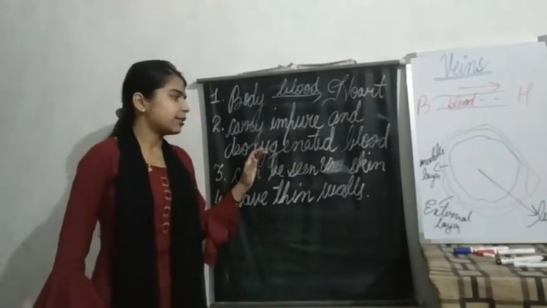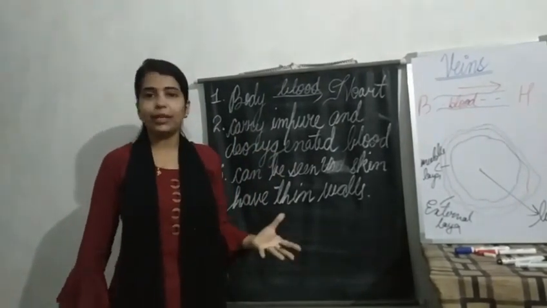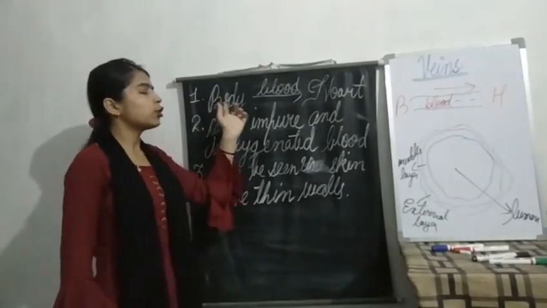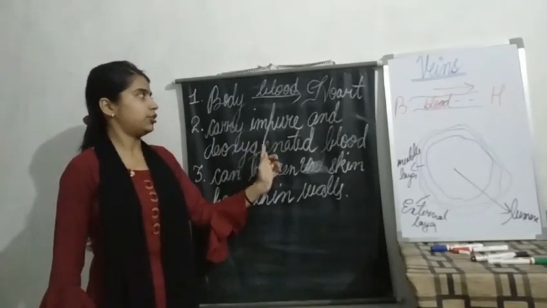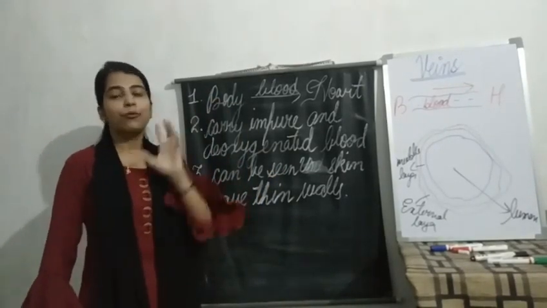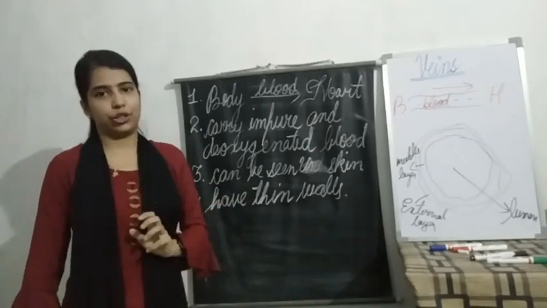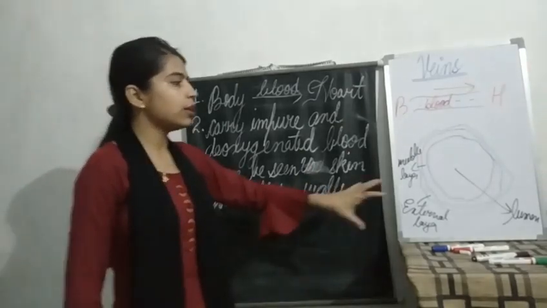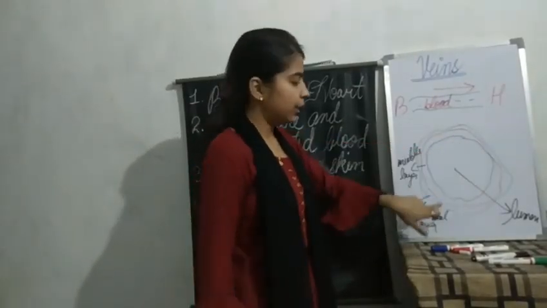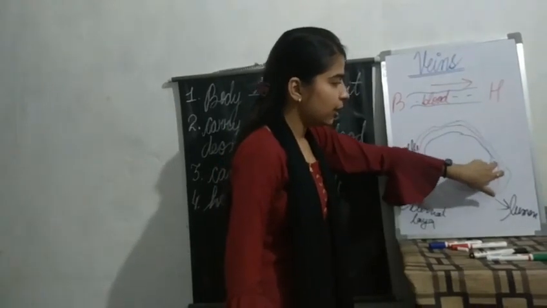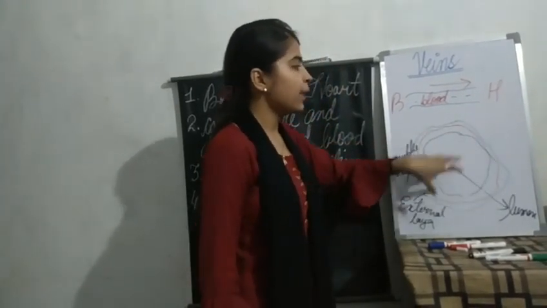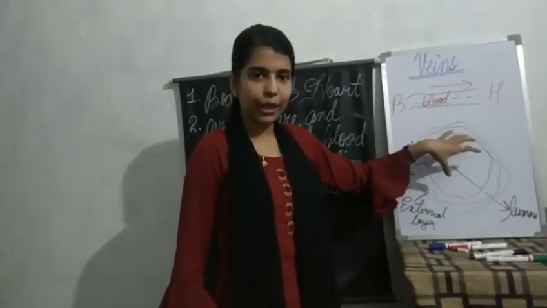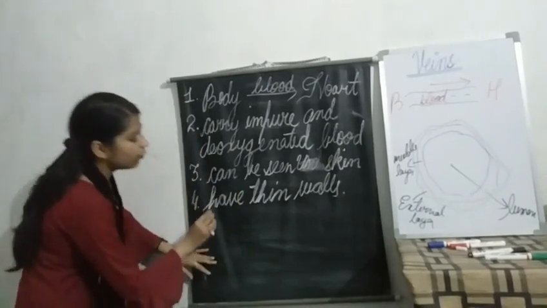Deoxygenated means that blood now has only the waste product, that is the carbon dioxide. So this deoxygenated blood which flows from your body flows with very low pressure. That is why veins have very thin walls and a large lumen. Their walls are thin, and the cavity, the lumen, is large. Also, they have valves in them.